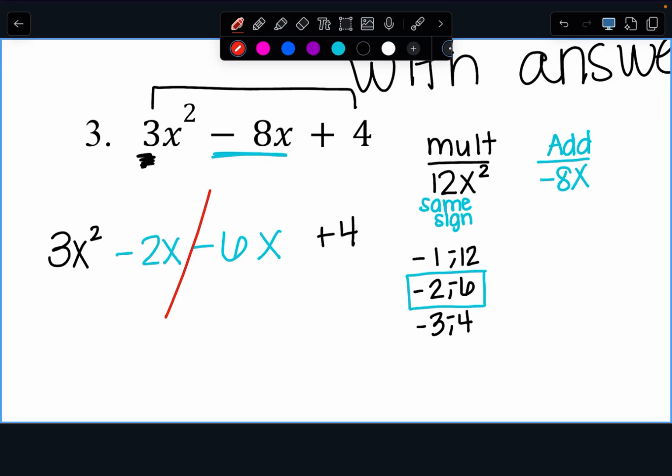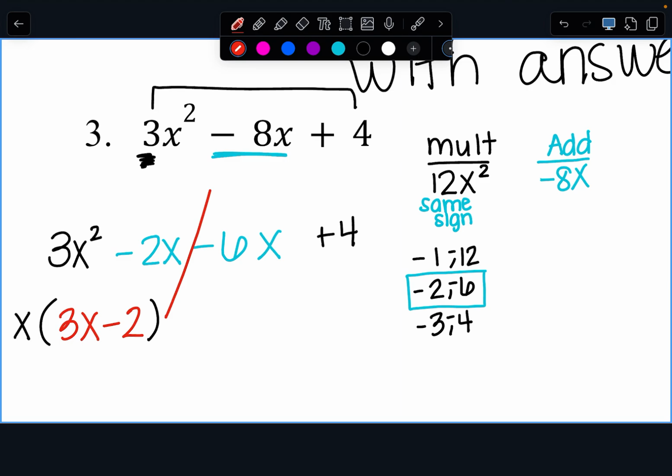What do those first two pieces have in common? Just an x. When we divide by x, what are we left with? 3x and a minus 2.